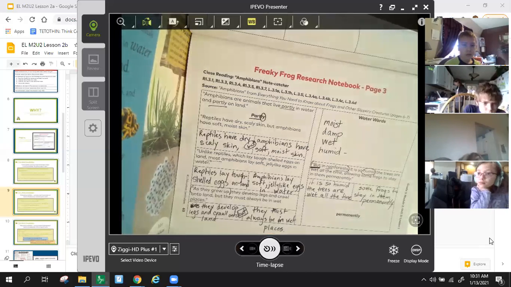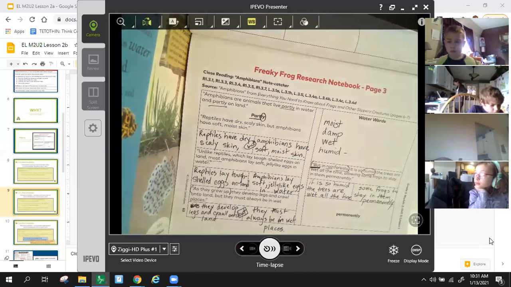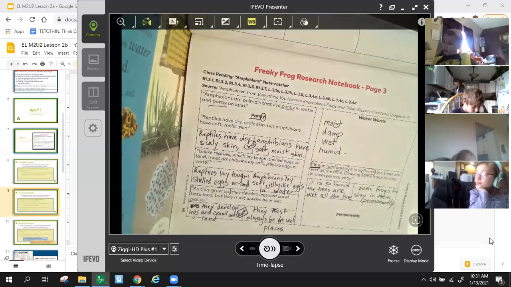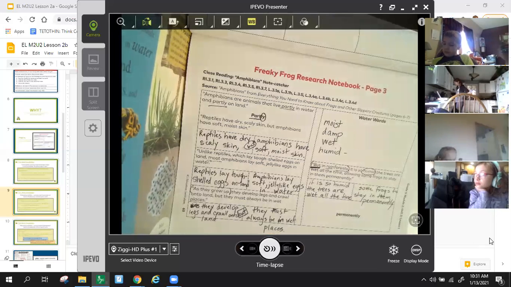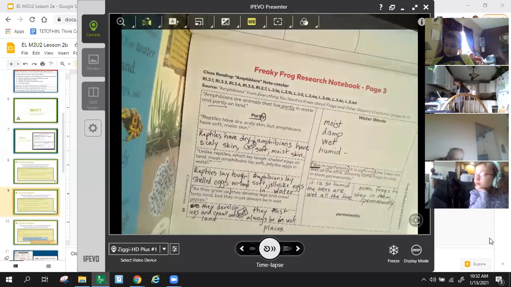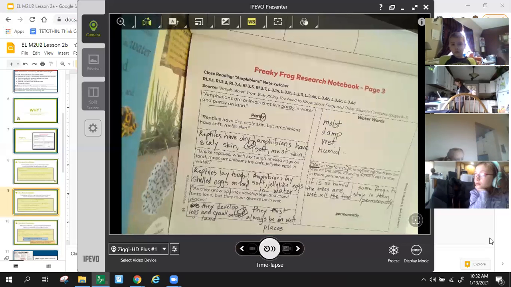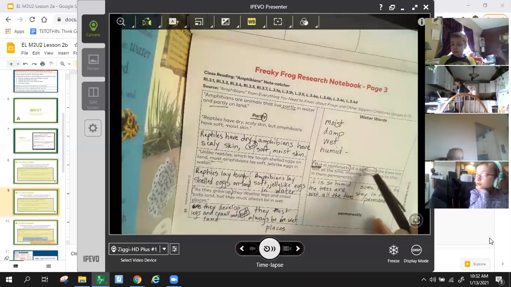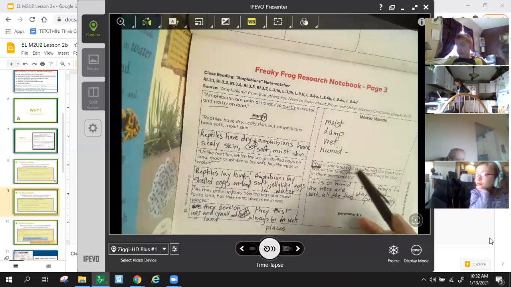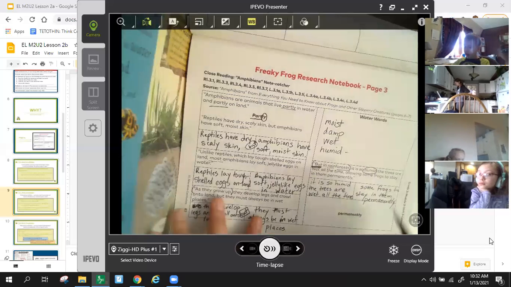What does allow mean? Like someone allows you to have candy. Okay, well, do they let you do something if they allow you? Yes. They let something happen, right? So in this case, allowing some frogs means it's letting some frogs stay in them permanently.